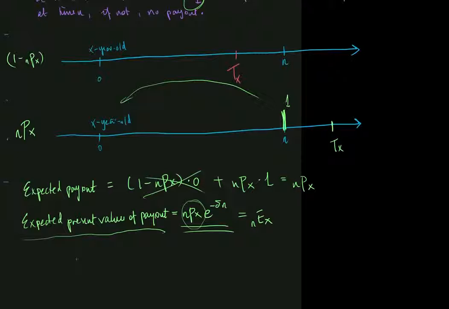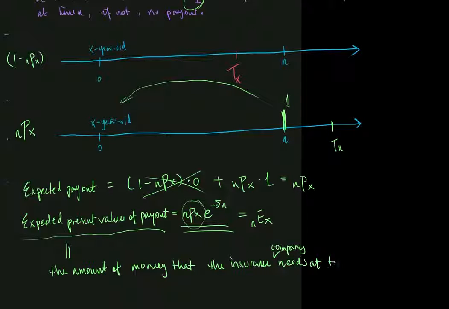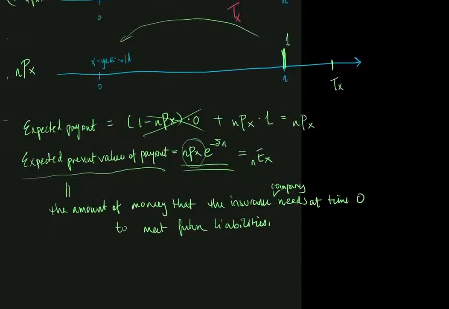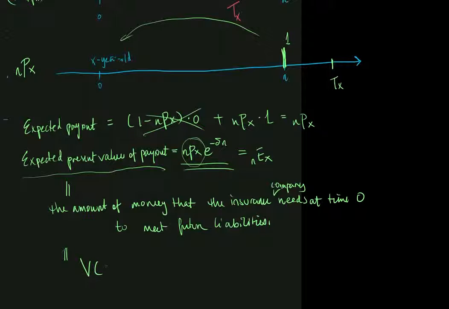It's because this is equal to the amount of money that the insurance company needs at time 0 to meet future liabilities. And this is also what notation-wise we call v of 0.